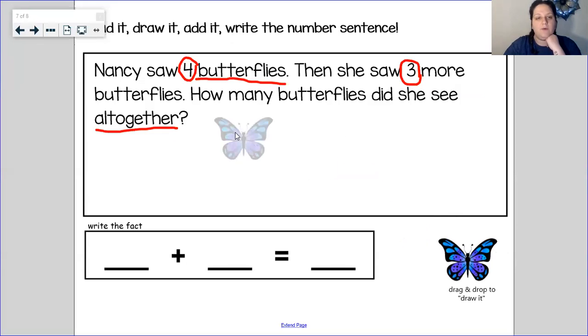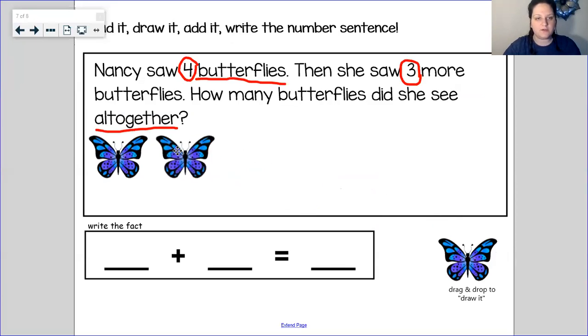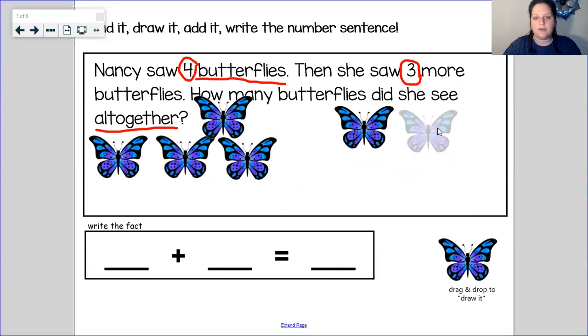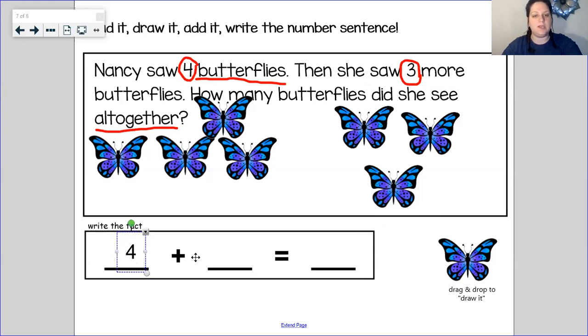So we started with 4 butterflies. Let's count those out. 1, 2, 3, 4. And then she saw 3 more. So we're going to count out 3 of them. Whoops. 1, 2, 3. So we started with 4, and then she saw 3 more.